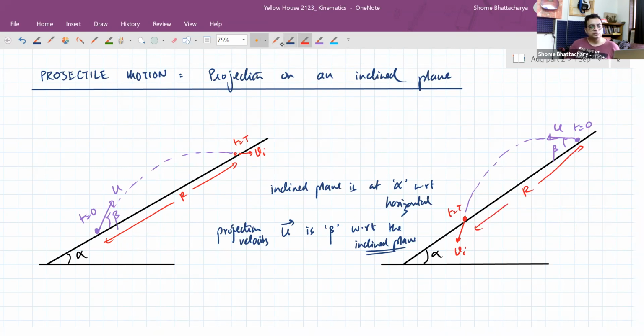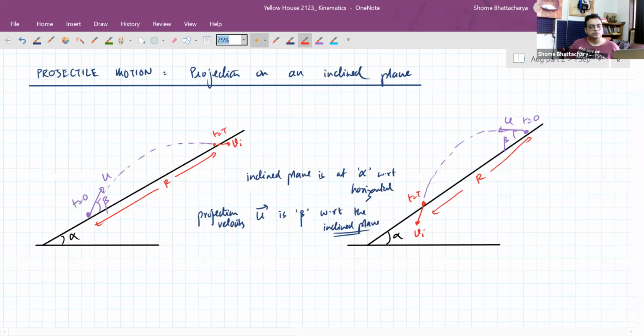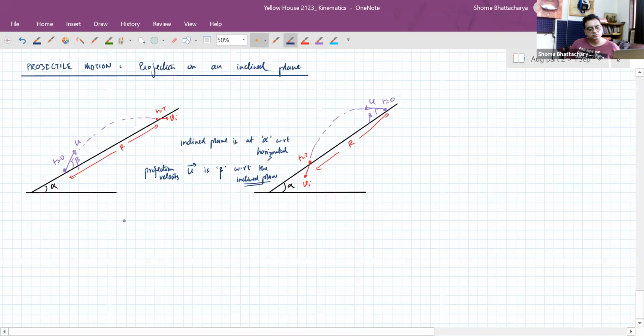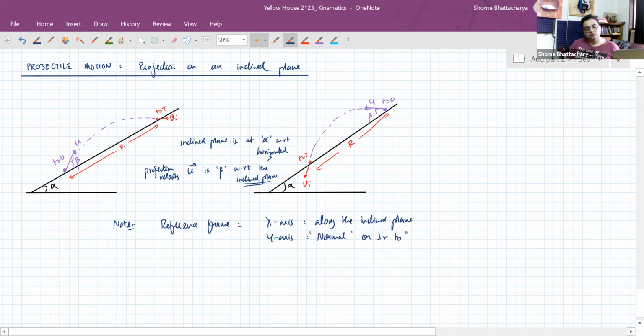So in both cases, what we will do is take our reference frame such that the x-axis is along the inclined plane, and y-axis is normal or perpendicular to the inclined plane, like you do in Newton's laws of motion.